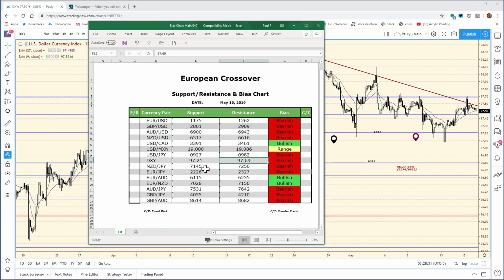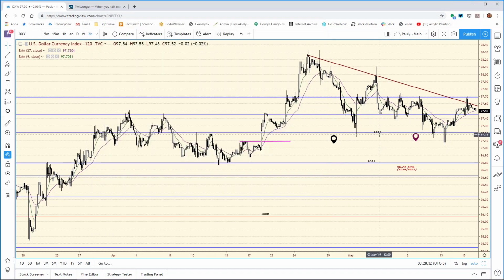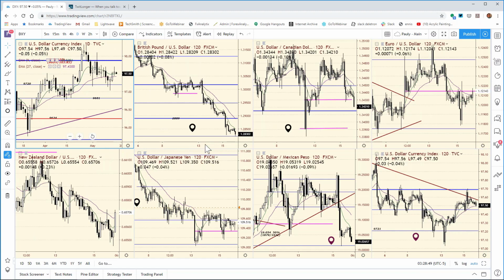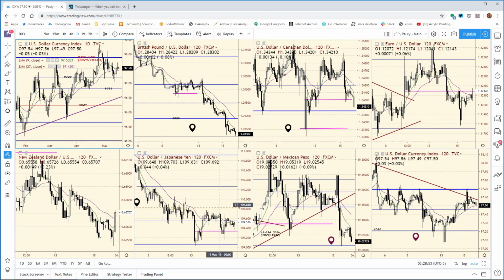And support, at least initially, being 97.21. You can see that right there. No changes there. Let's move into the cross rates.